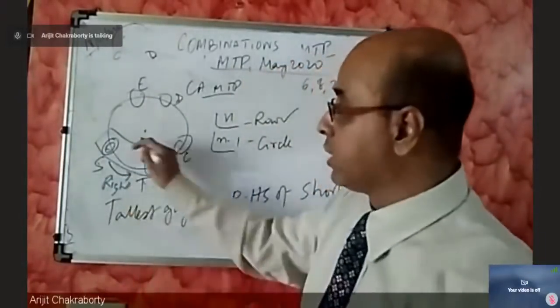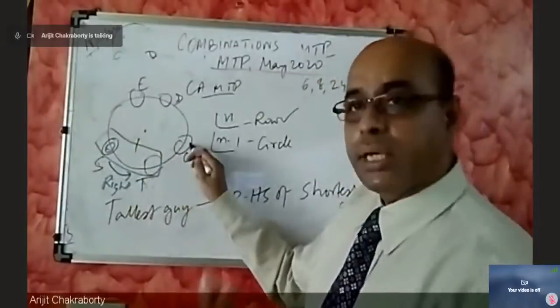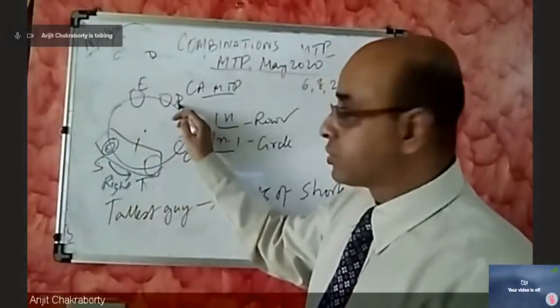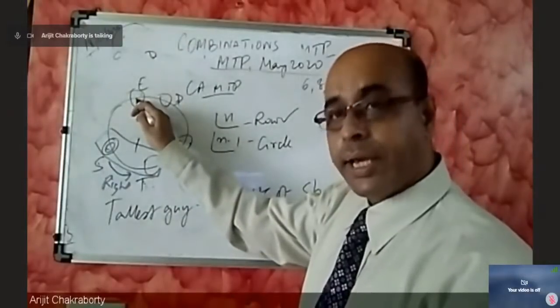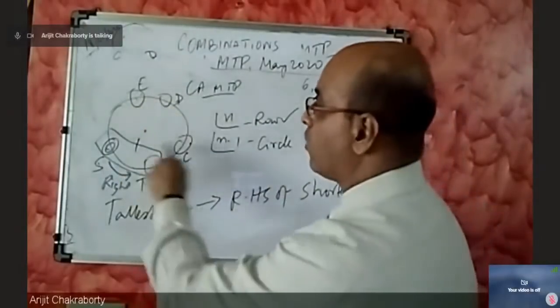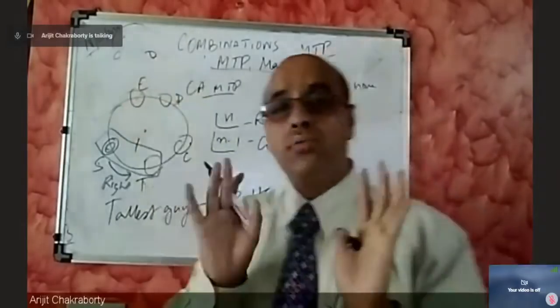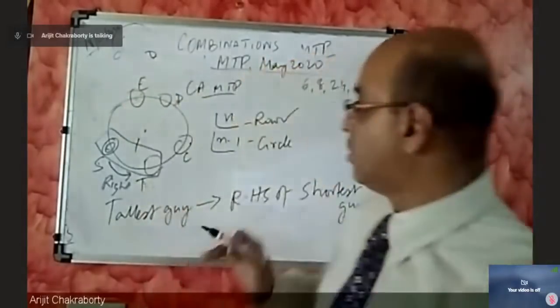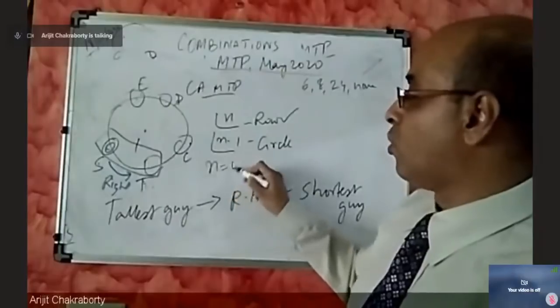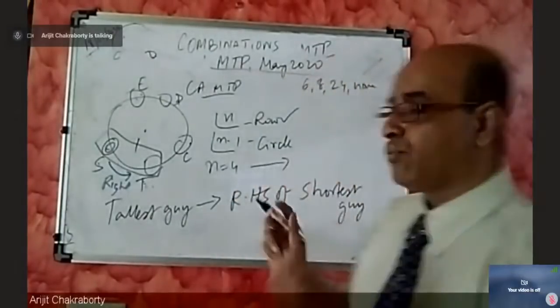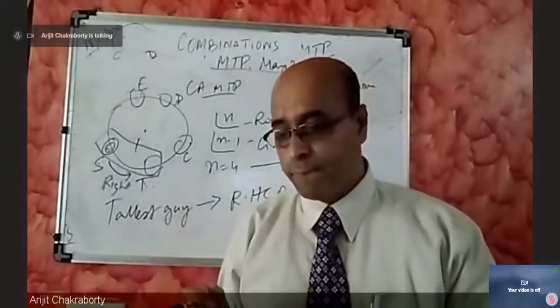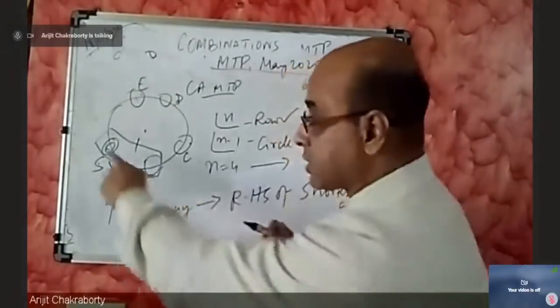Then we have C as the second unit, D is the third unit and E is the fourth unit. So altogether we have 1, 2, 3 and 4, 4 persons. So now N becomes 4. Please see carefully. Forget that S and T are different.